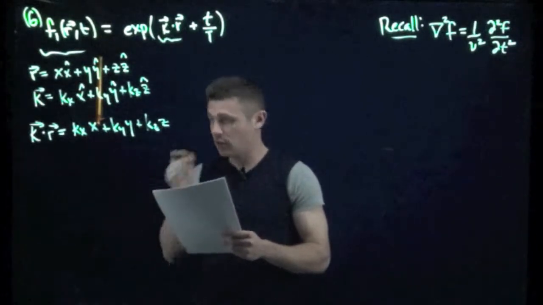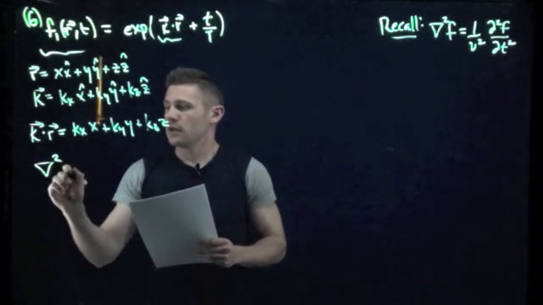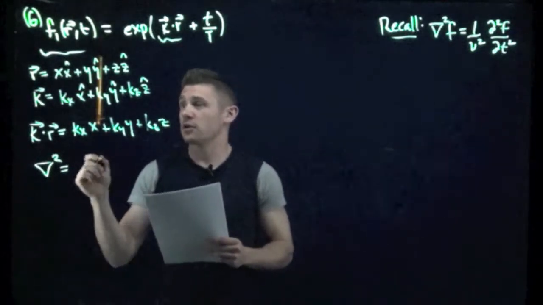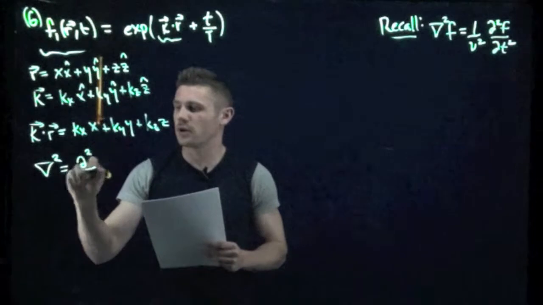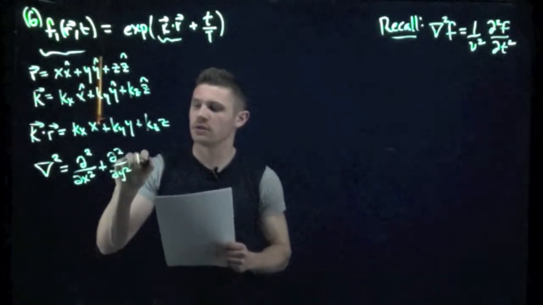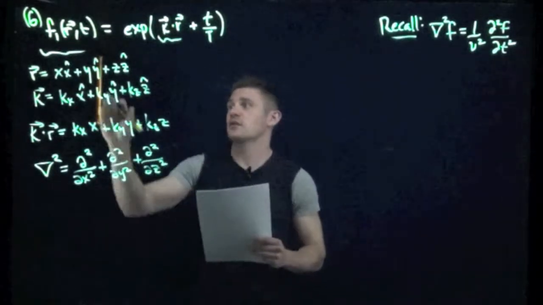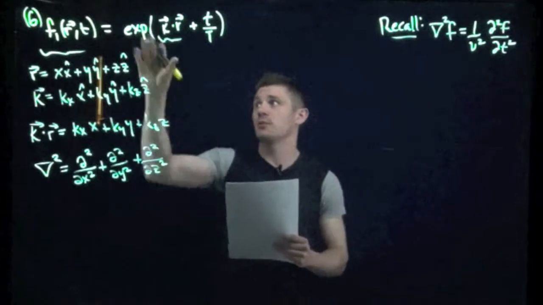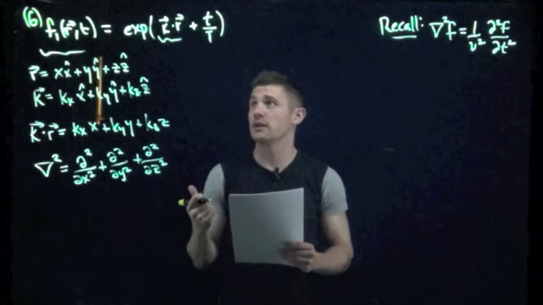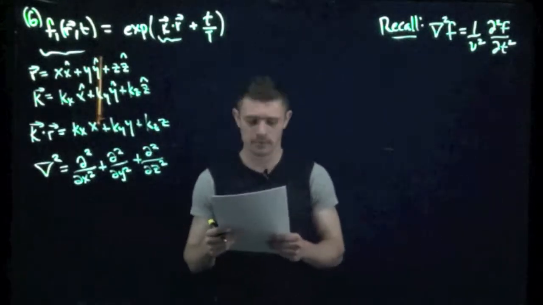And now we will recall again that the Laplacian in Cartesian coordinates is given by d squared by dx squared plus d squared by dy squared plus d squared by dz squared. So these are the specifics for this problem given the coordinate space that we're in, as well as k dot r. Even though they're unknown, we can still write them in that way.